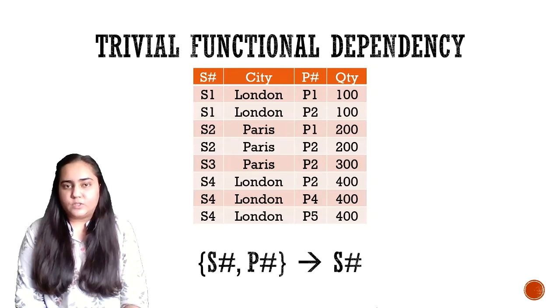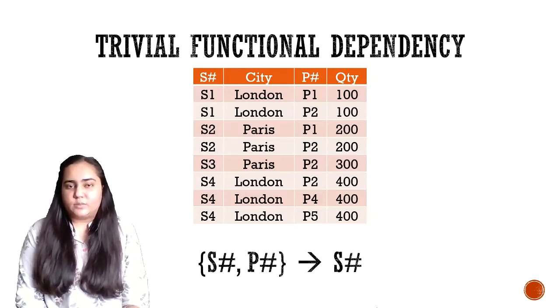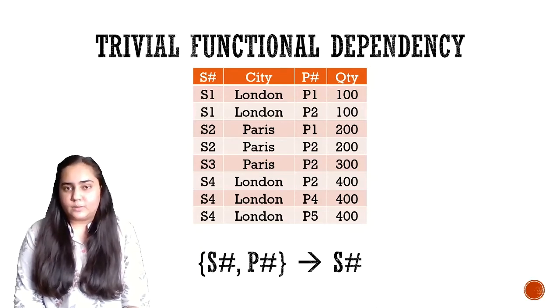If I ask you, for a combination of S1 and P1, who is the supplier? Your answer will be S1. The question itself sounds absurd because I'm already giving you the answer and then asking you a question. So that's why this is a dependency that does not matter.